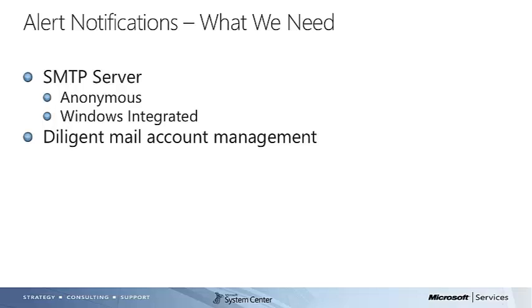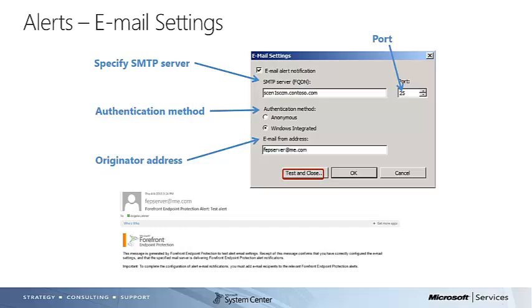If you're using a distribution list, make sure it's kept up to date. You don't want people that don't need to be in that loop to receive the emails if it's not necessary.